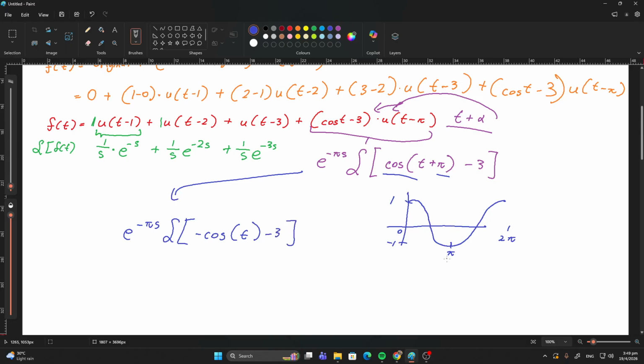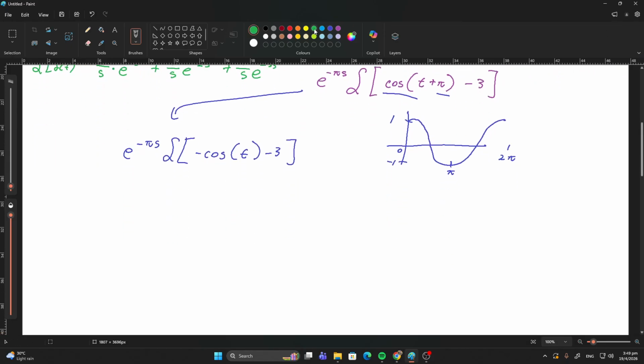Let's go ahead and Laplace this thing right here. I'm just going to use green. So we have this bugger times negative. We know that the Laplace of cosine is s over s squared plus 1, and minus 3, just a constant, is basically 3 over s. Simplify it, and then there you have it. I'm just going to write everything out together.